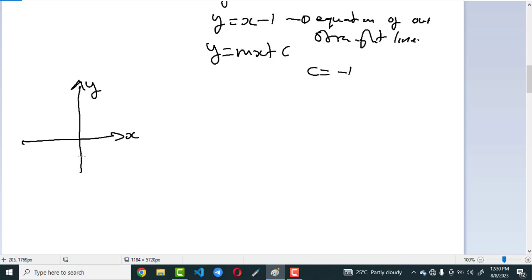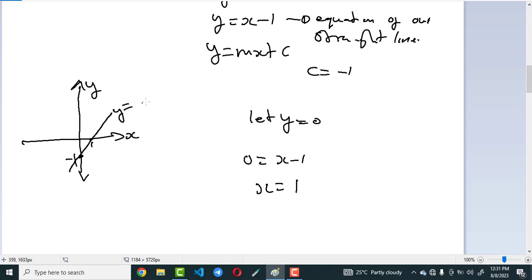The graph cuts the y-axis at negative 1. It also cuts the x-axis: if we let y equal 0, then 0 equals x minus 1, so x equals 1. Therefore, the line y equals x minus 1 cuts across the x-axis at 1 and the y-axis at minus 1.